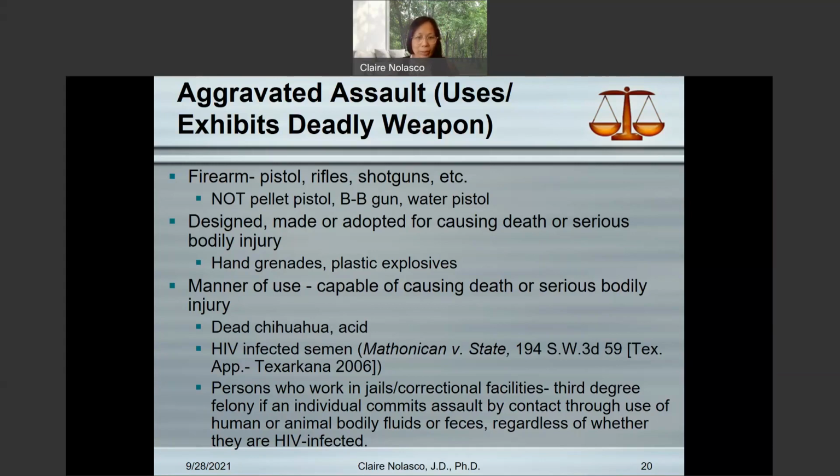And then persons who work in jails or correctional facilities. If these are the victims, it would be a third-degree felony if an individual commits assault by contact against correctional or jail officers or employees through the use of human or animal bodily fluids or feces, regardless of whether they are HIV infected.